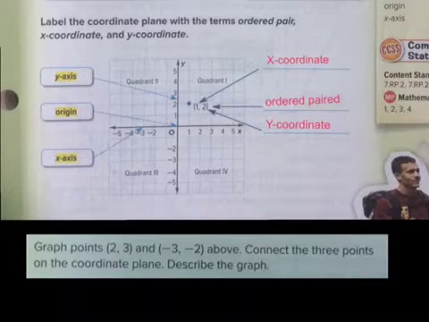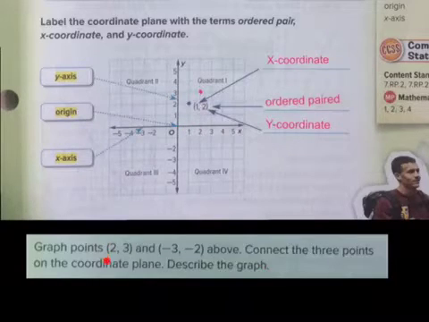Now we're being asked to graph points (2, 3) and (-3, -2) above, right here. Connect the 3 points on the coordinate plane. Describe the graph. First we have to plot these points on our graph. So (2, 3). There it is: 2, you can see 1, 2, and 3.